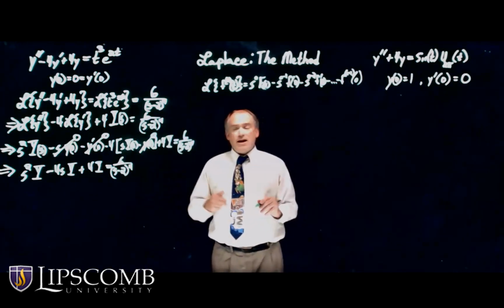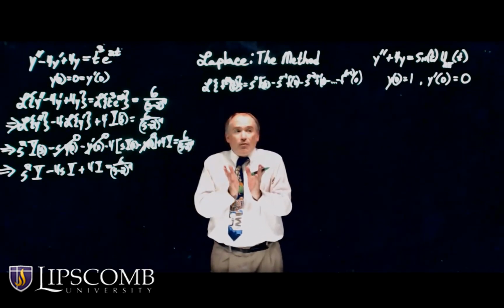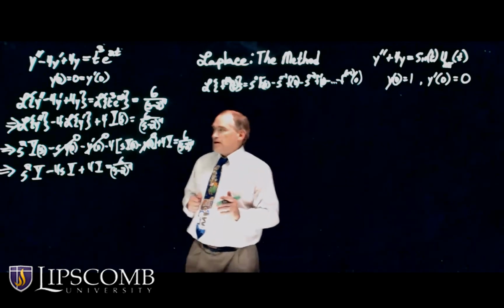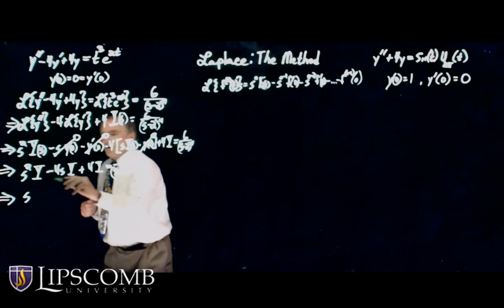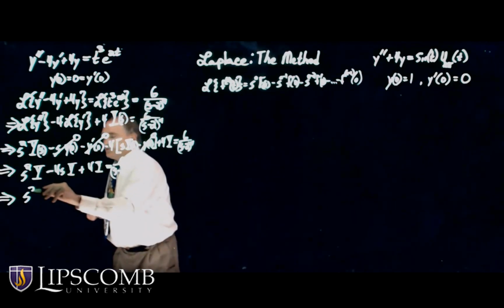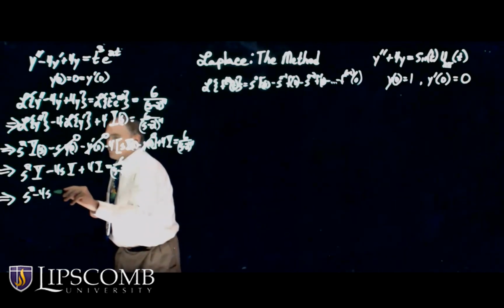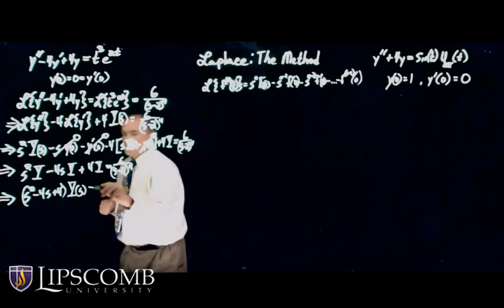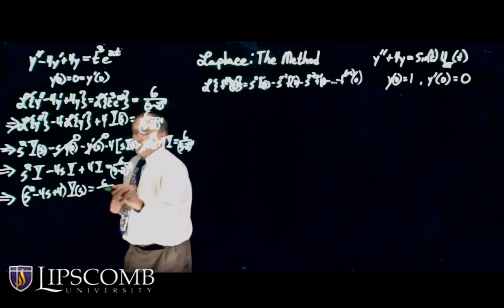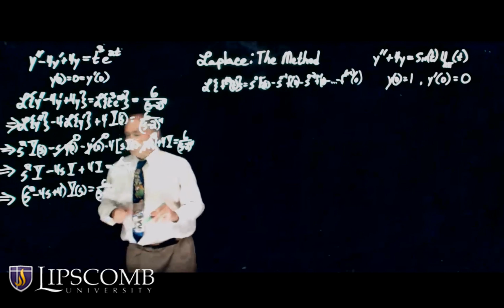So now that I have that, let's put all my Y's together. I've got s squared minus 4s plus 4, times capital Y of s, equals 6 over s minus 2 to the 4th.